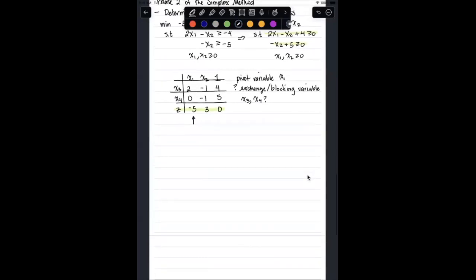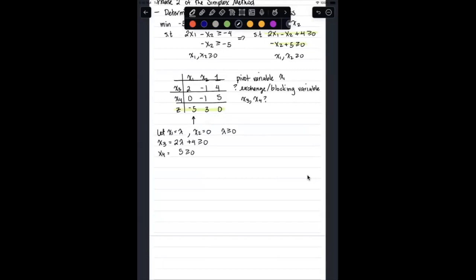Okay, so since we determined x1 as our pivot variable, we must let x1 equal lambda, x2 equal 0. So let's see if x3 will give us an upper bound on lambda, since we have a lower bound of 0, but we must get an upper bound. So x3 is going to be equal to 2 lambda plus 4 greater than or equal to 0. x4 is going to be just 5 greater than or equal to 0.